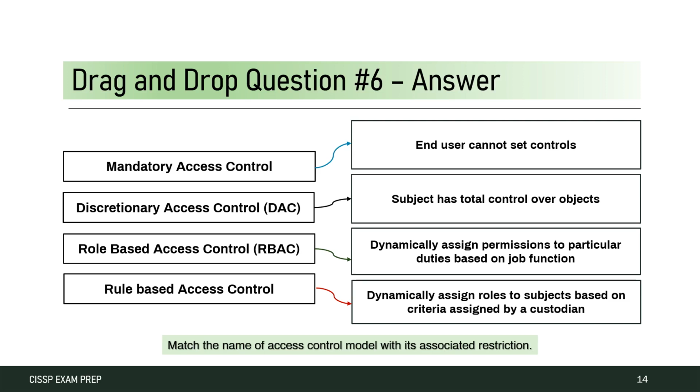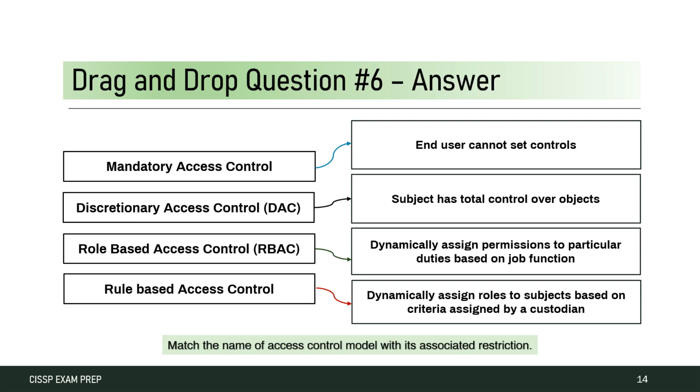So let's say you are a member of programmers, then the administrator can assign permissions to the programmers group and then add a user to that group, so that those users who are members of the programmers can have the permissions according to the job function.